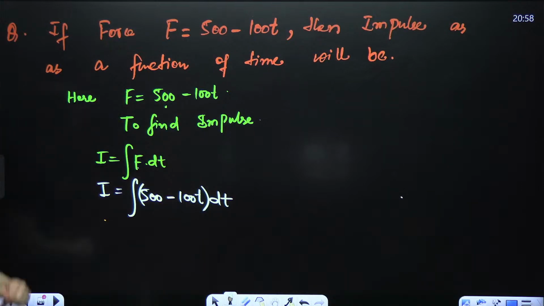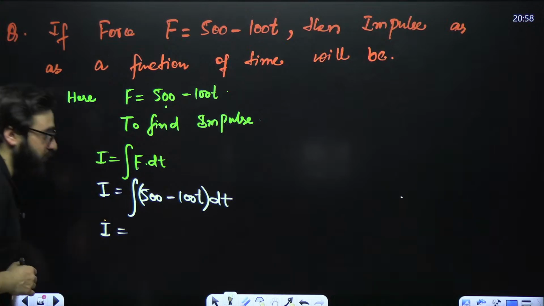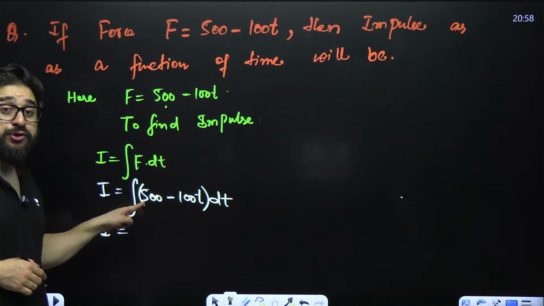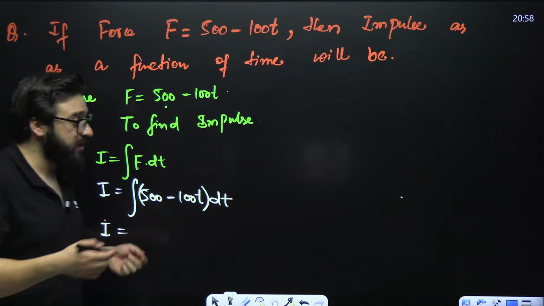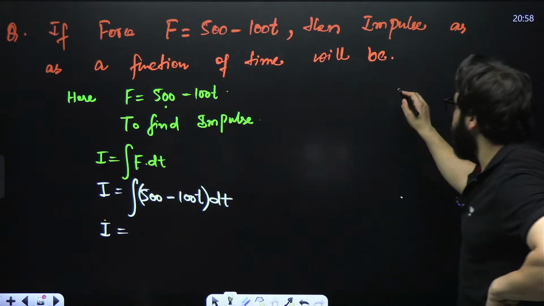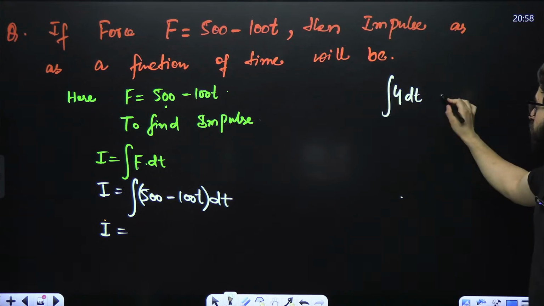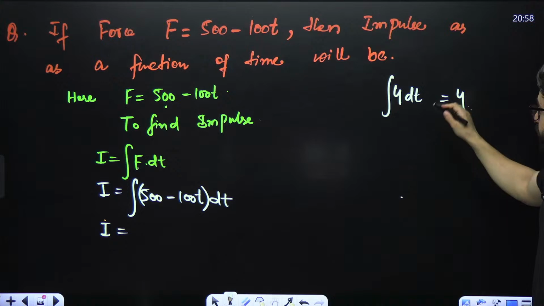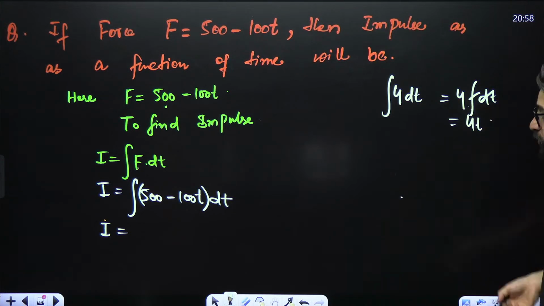You have to do the integration. So can I say in this particular case, I is equal to, guys, integration of 500 will be how much? Let's suppose I have got integration of 4 dt. We say 4 we will take out and then integration of dt. This and this will cancel, so it will come out to be 4t.